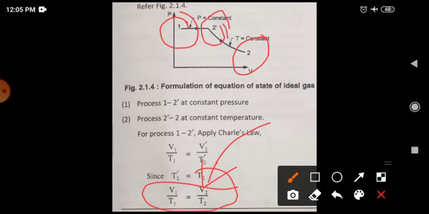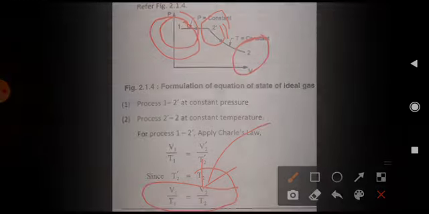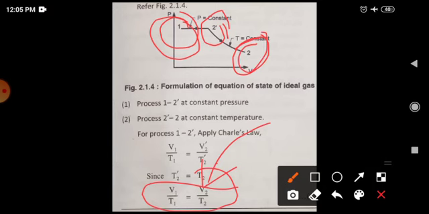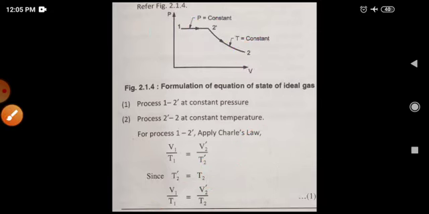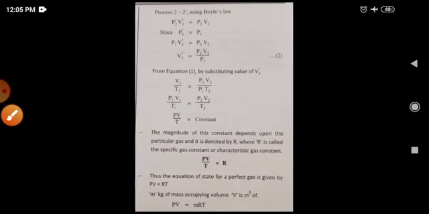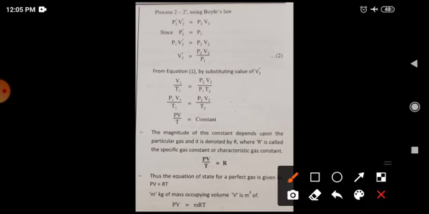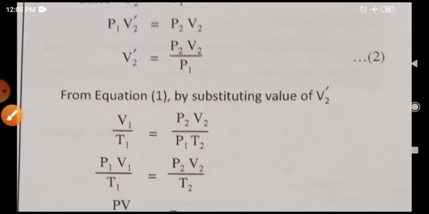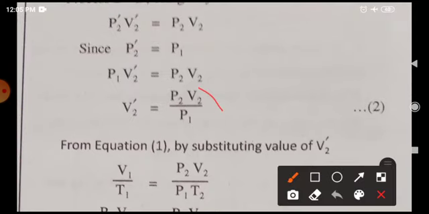We just have to discuss the first state, or initial state, of the substance and the final state of the substance, and with the help of the intermediate state, that is 2 dash, we discuss these two processes. We have seen V1 upon T1 is equals to V2 dash upon T2 dash. Then according to Boyle's law, we have also seen one more equation, P1 V1 is equals to P2 V2, and we have applied that too.